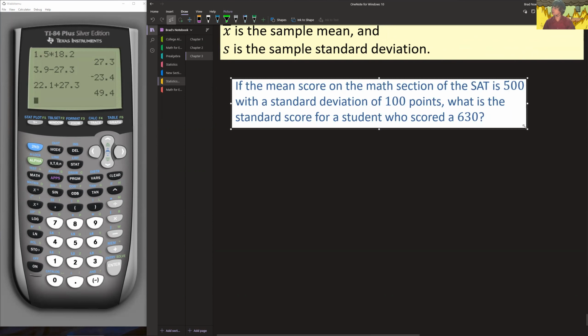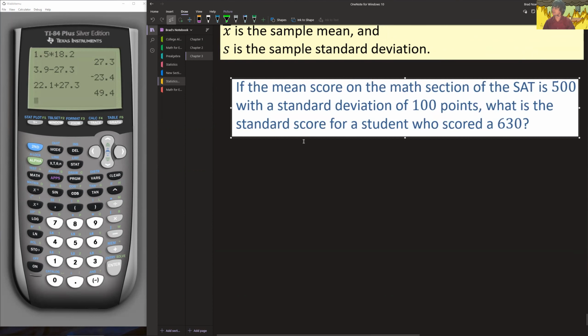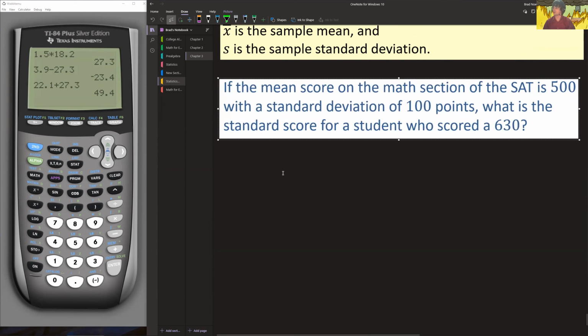If the mean score on the math section of the SAT is 500 with a standard deviation of 100 points, what is the standard score, or z-score, for a student who scored a 630? So for this, my z equals my data value, 630, minus my mean, 500, divided by my standard deviation, 100. 630 minus 500 is 130.